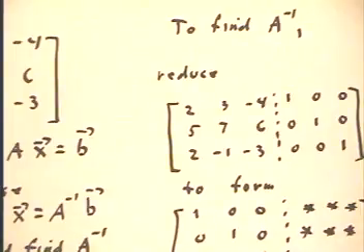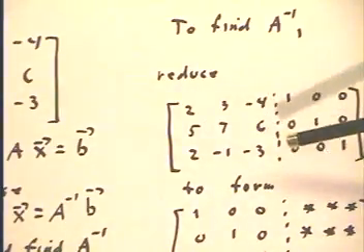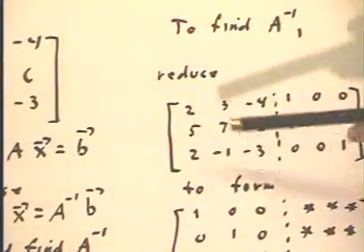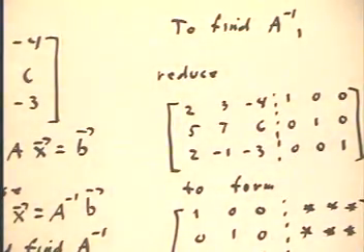It can be proved. It's not that hard to prove that if you reduce this left side to the identity matrix by adding multiples of rows to other rows and so forth, in other words, using the kind of valid operations that we've used in row reduction, those operations that mimic what we do when we add multiples of equations to other equations, and rearrange systems of equations in that manner.